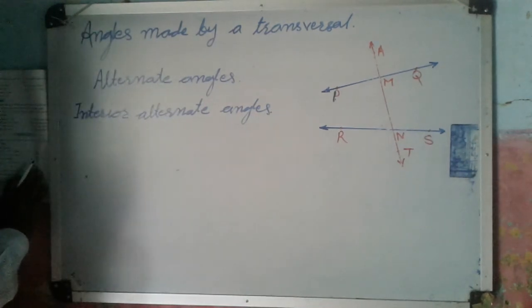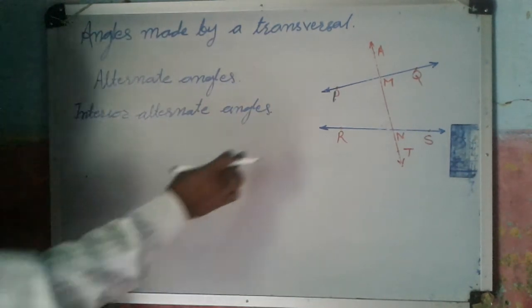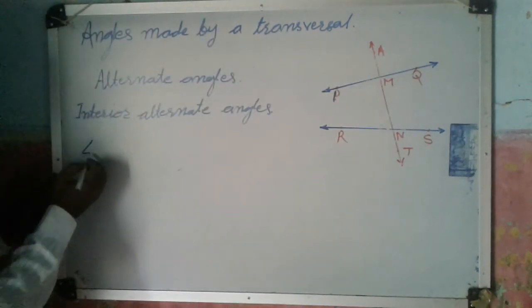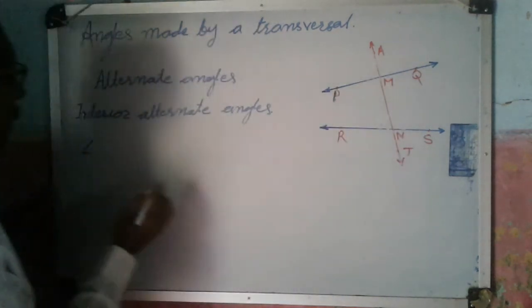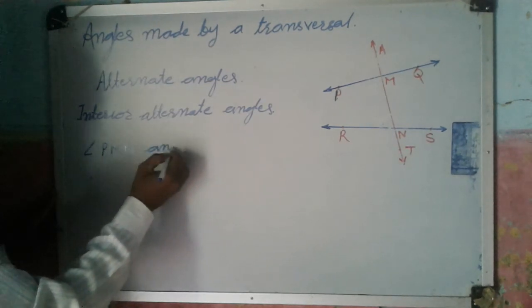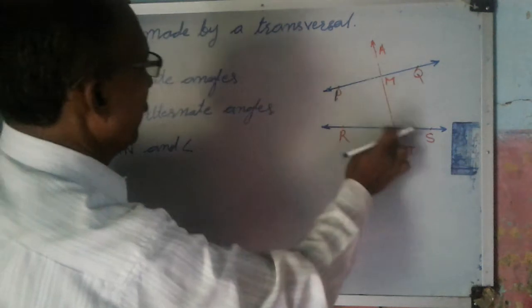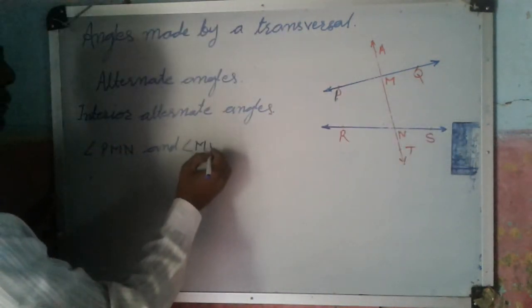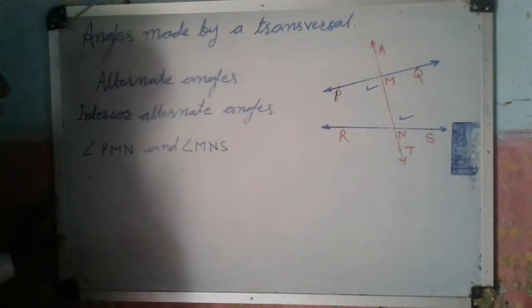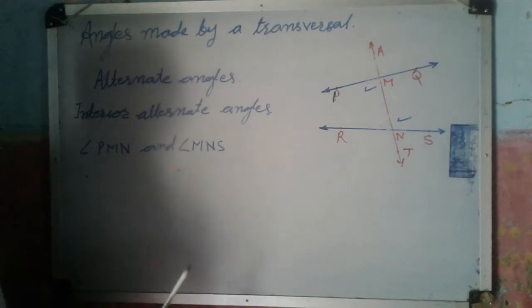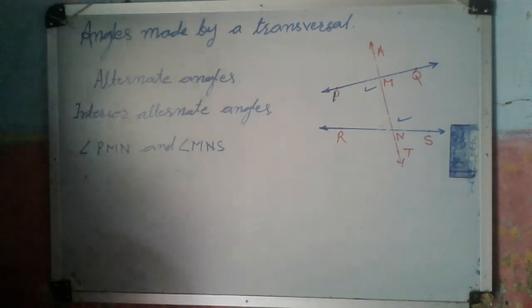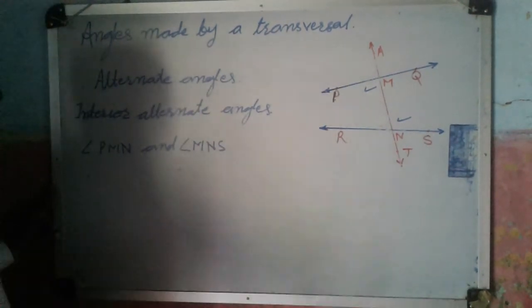Interior alternate angles, that means angles which are inside these two lines. Now here the first pair is angle PMN and angle MNS. That means this angle and this angle. Both angles are on opposite sides of the transversal, and their arms on the transversal are in opposite directions.